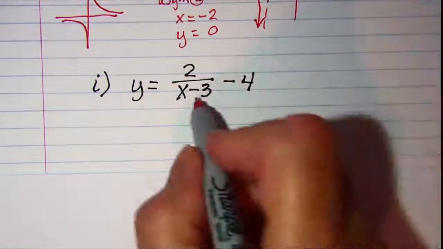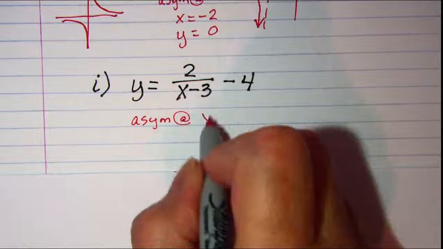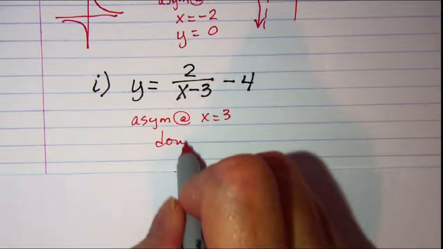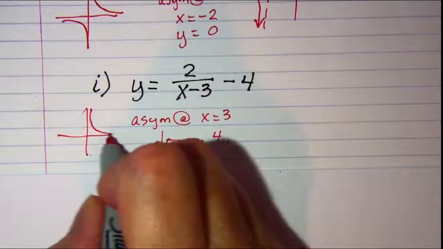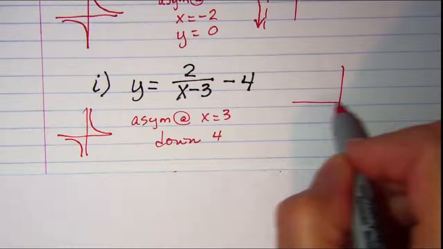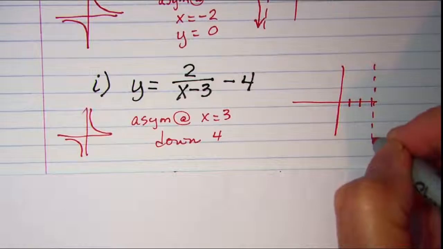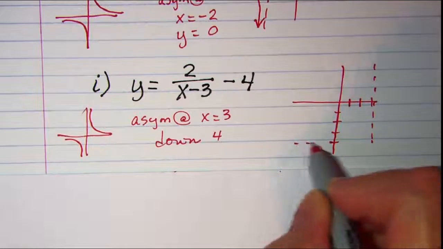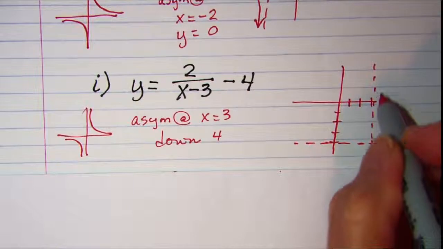This one has an asymptote at x equals 3, and we're going down 4, and the basic graph is this one. So asymptote at x equals 3, down 4, and then draw our graph.